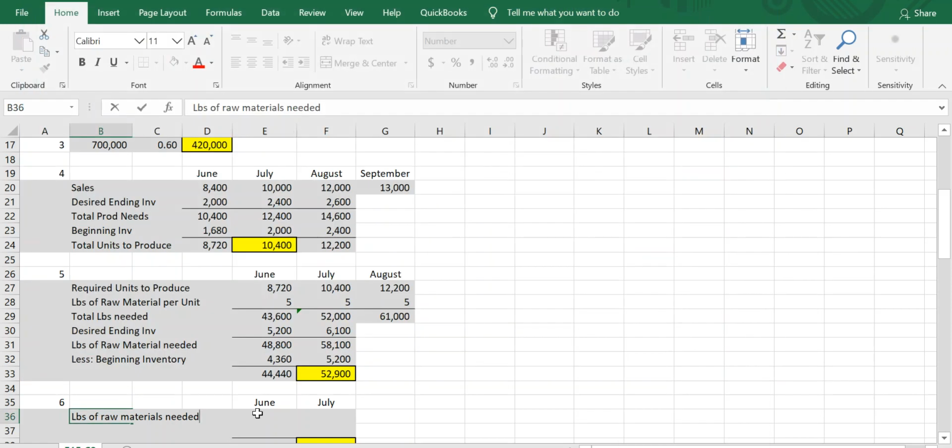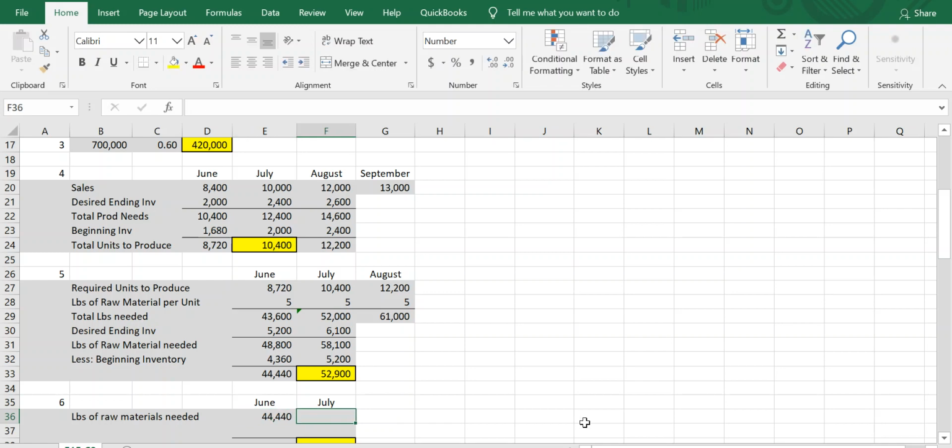So we have the pounds of raw materials needed for June, and that's going to be 44,440. For July, it's going to be 52,900. These are the numbers that come right from here. We'll have the cost per pound is $2 for June, $2 for July.